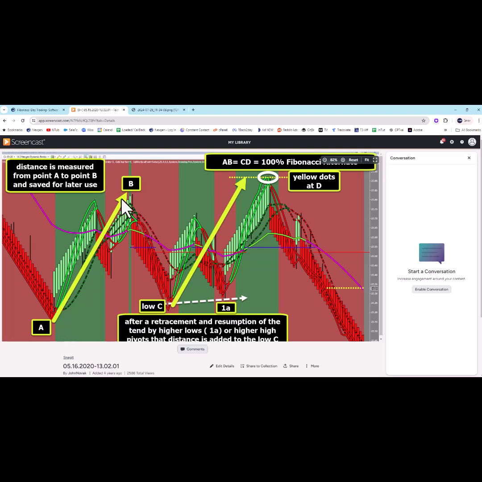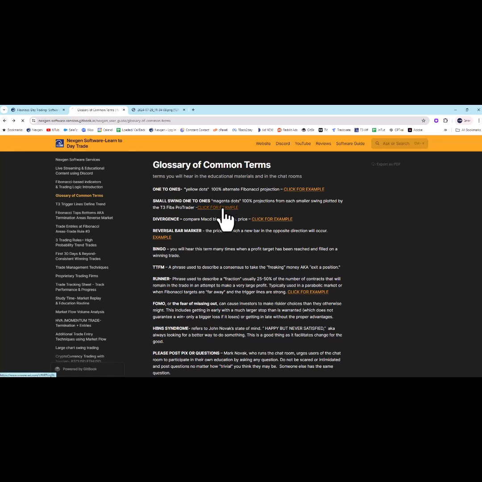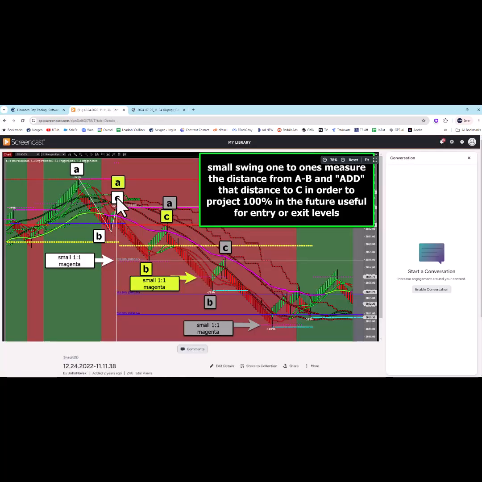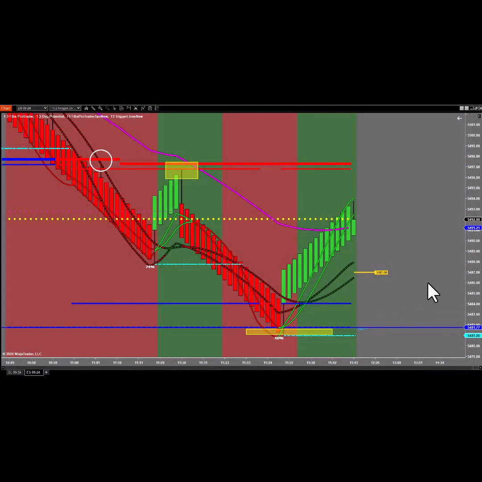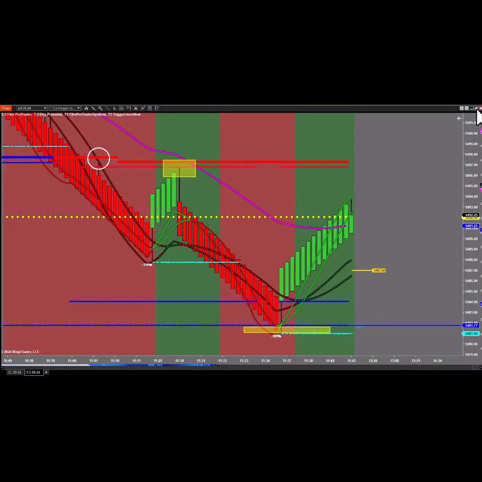So it's from big trend-changing swings. And then there's an example of the small swing one-to-ones and what they are. Every swing. Seems like we've gone through that a lot today, which is fun. All you have to know is it's a line that you have to watch out for.